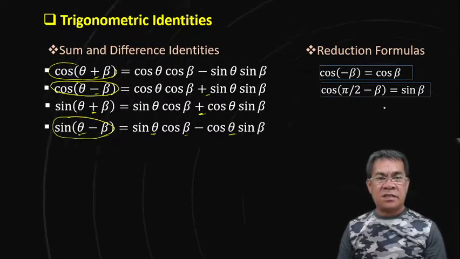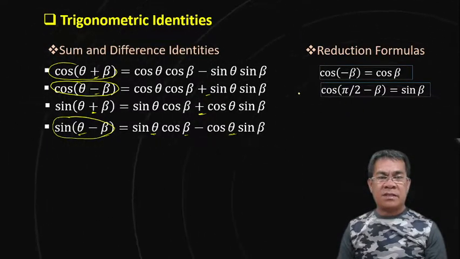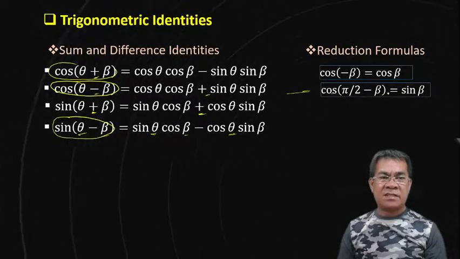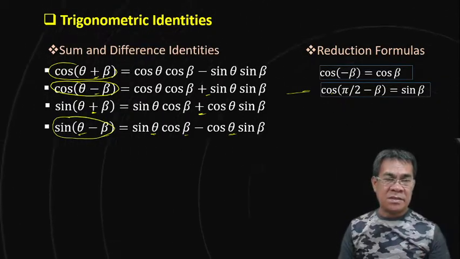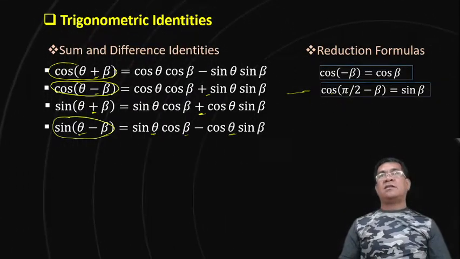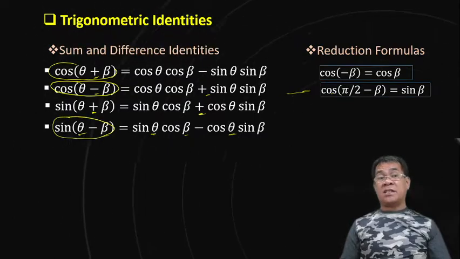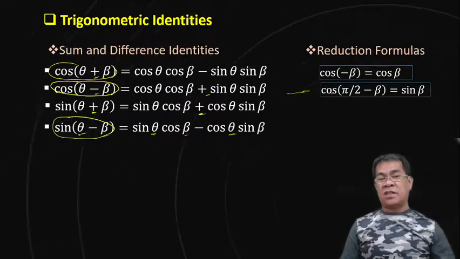Another is the complement angle. The cofunction of cosine is sine, so their complements must be the same. It means that the cosine of 60 is equivalent to the sine of 30.